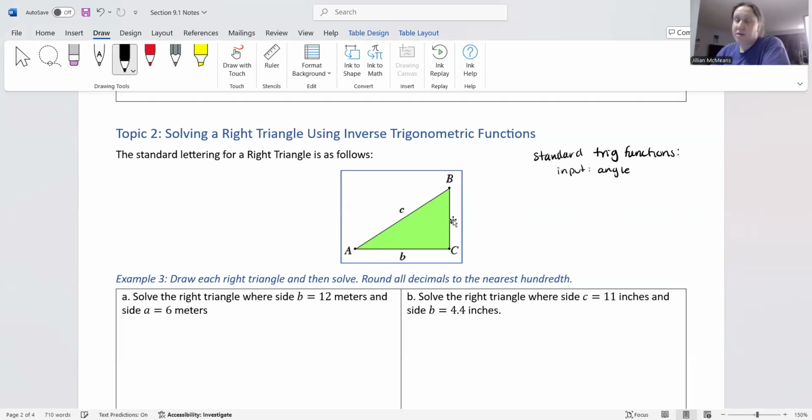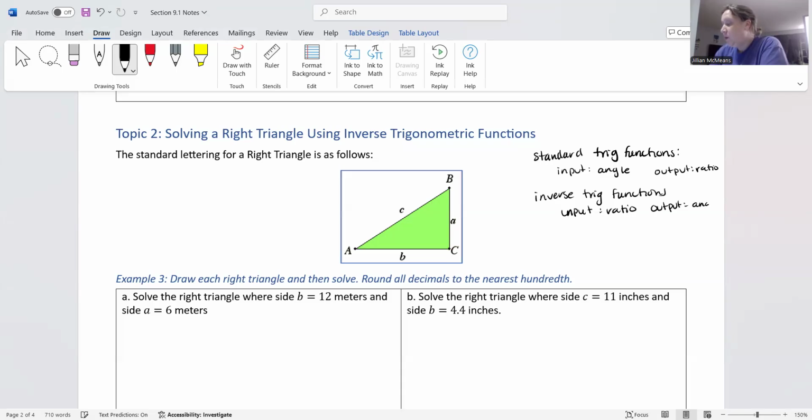We'll say the standard trig functions operate on an angle. That means the input is an angle and the output is going to be some kind of trig ratio. Now with the inverse trig functions, the input is the ratio and the output is going to be the angle.